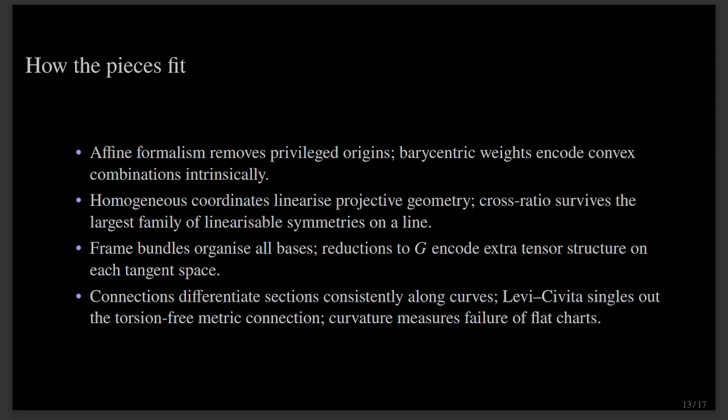Okay, now how to fit the pieces together. The affine geometry will allow us to get rid of the privileged origins with vector spaces by defining the pair of an affine set and the vector space. The barycentric weights will give intrinsic convex combinations, and homogeneous coordinates will turn projective geometries into linear algebra, and the cross ratio will survive all of the projective symmetries.